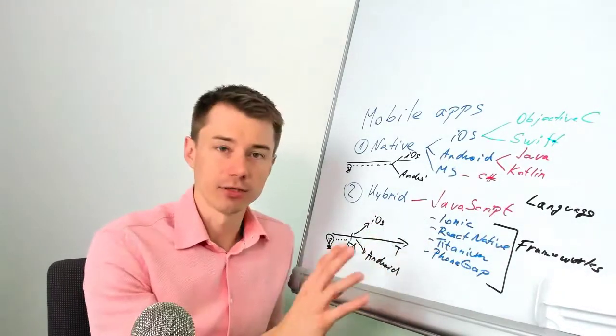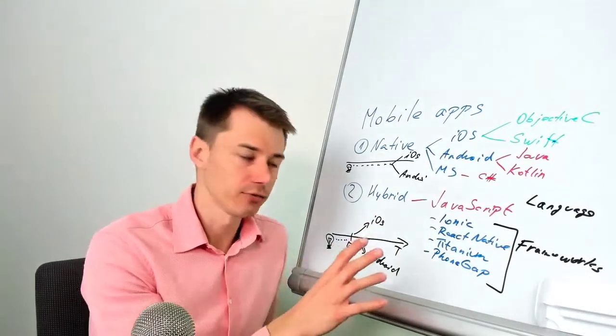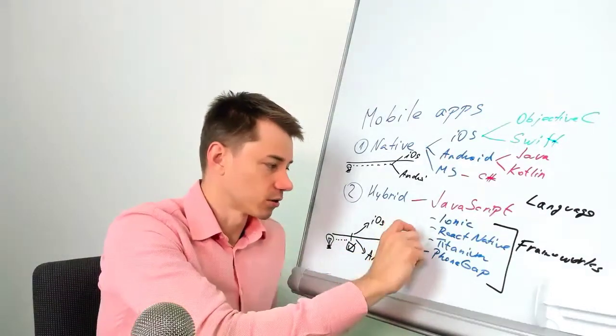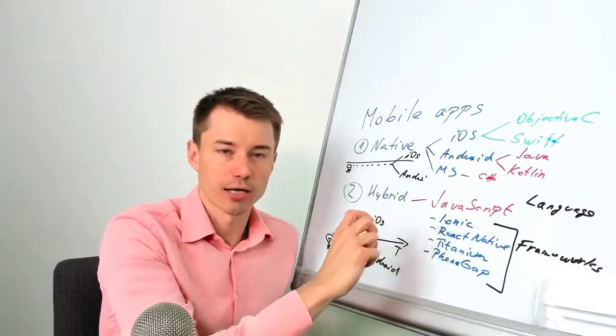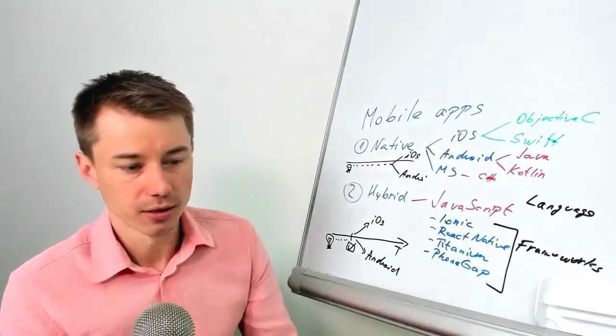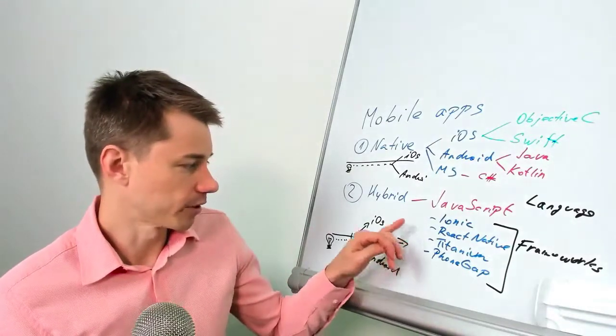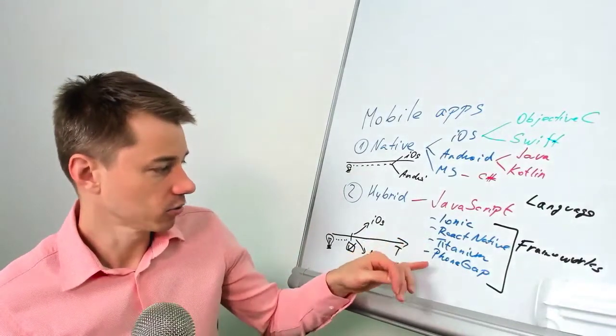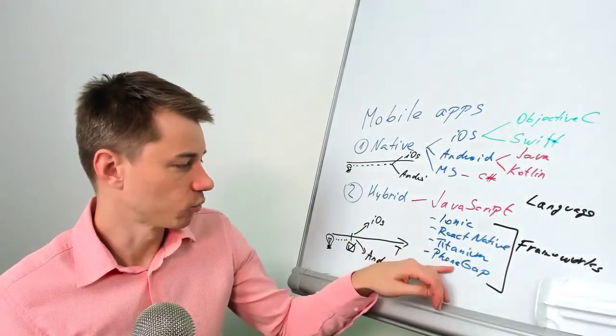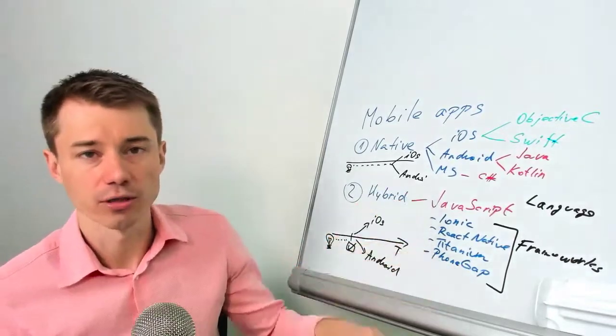It's also important to realize that it's relatively easy. Well, it's not super easy, but it's relatively easy to just change from one framework to another. A developer who works for 3 years with Titanium can relatively easily learn how to work with the PhoneGap framework or Ionic.